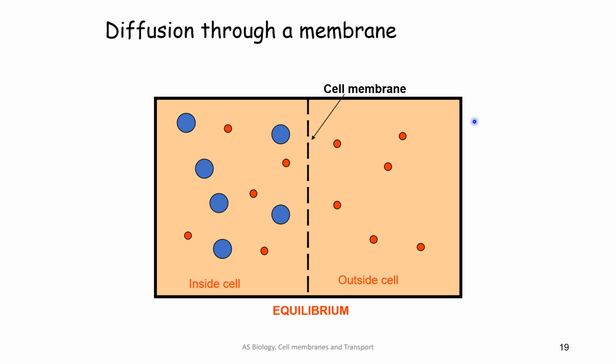So it's able to happen really quickly and it's very efficient. Okay, so that is diffusion. It's the movement of molecules through that membrane, not using any energy of the cell. It is passive. That means it does not use the cell's energy.